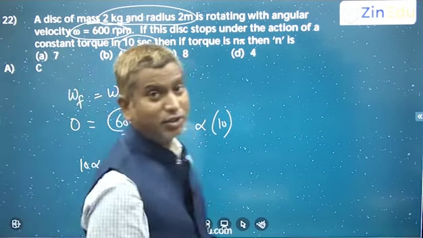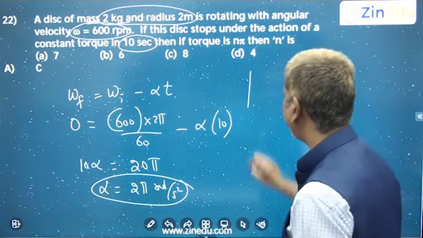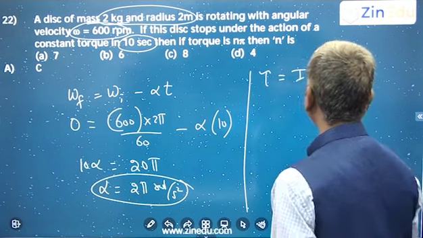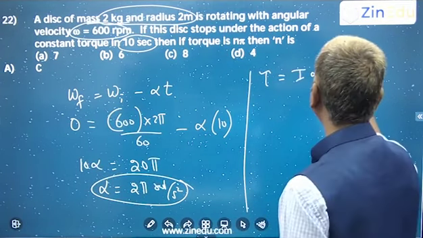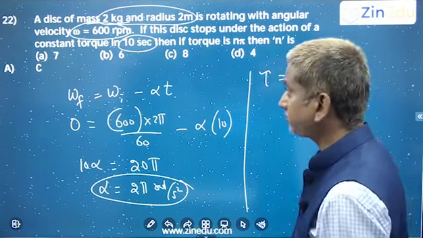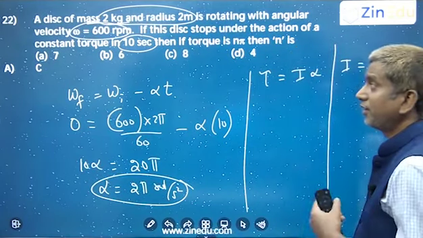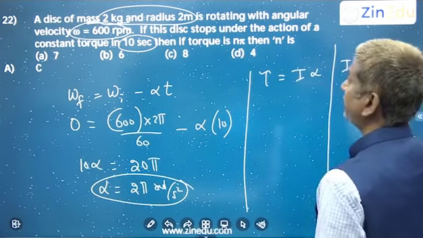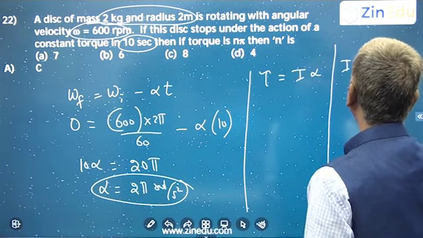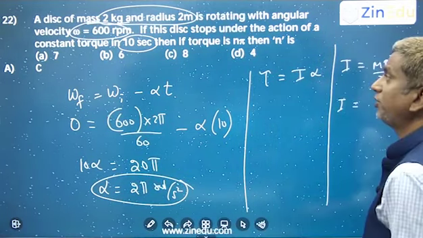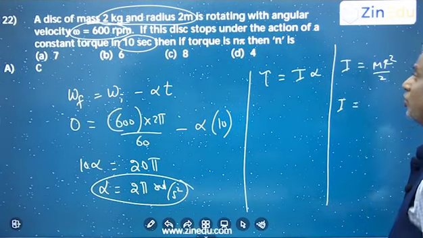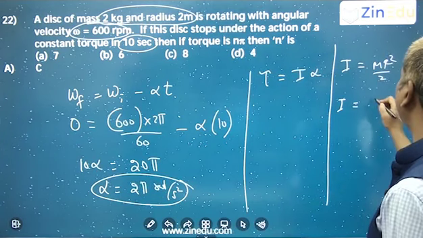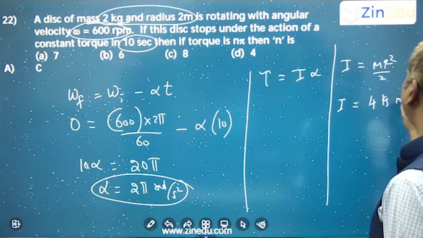Now they are asking the torque. So we know that when it is a constant torque, the torque is equal to I into alpha. So get the value for the moment of inertia, I, first of all. Okay, the disc is rotating about its natural axis. So moment of inertia will be m r square upon 2. So m is 2 kg, r is 2 meters squared. So 4 into 2, 8, 8 by 2, 4 kg meter square.